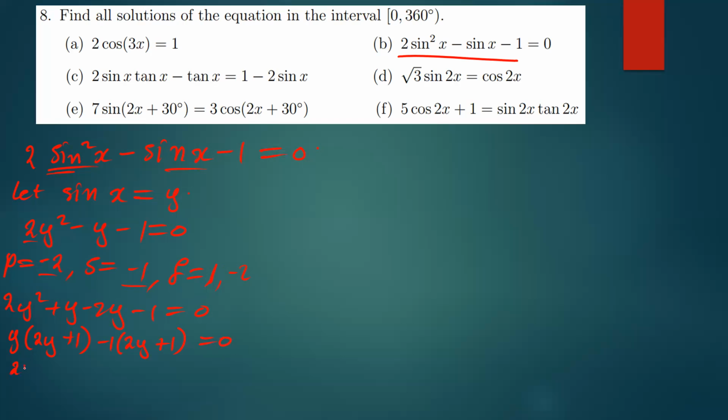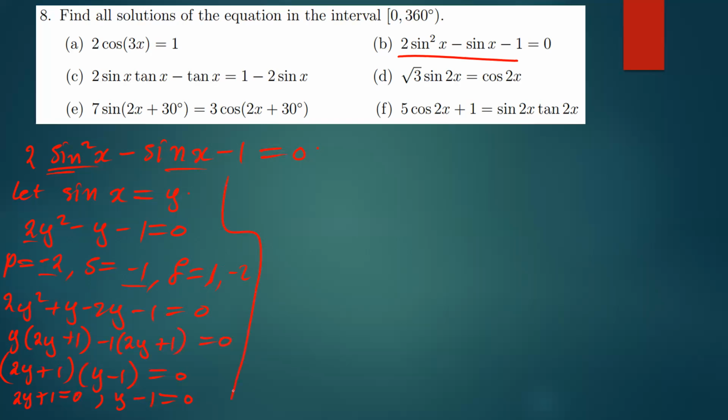So we have 2y plus 1 and y minus 1 is equal to 0. The first part is 2y plus 1, so we equate it to 0. Then we also equate the second part, y minus 1, to 0.